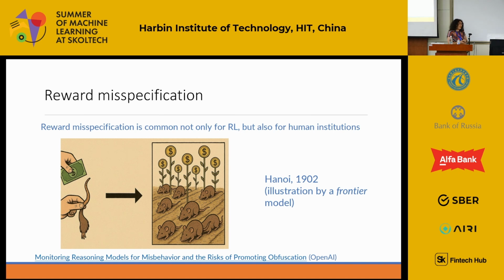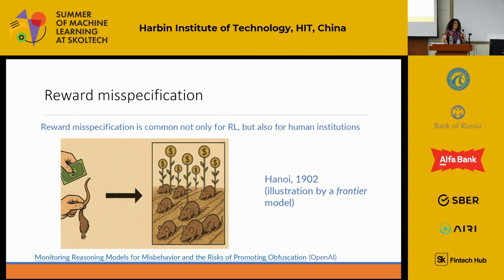This paper starts from the claim that indeed you may think it's kind of stupid of LLM developers to put in wrong rewards like this, but it's not the case, because reward hacking is a very common thing, and it happens not only in reinforcement learning, it happens in reality.